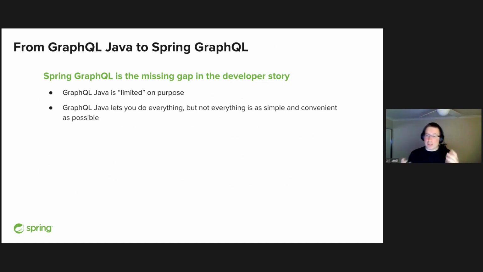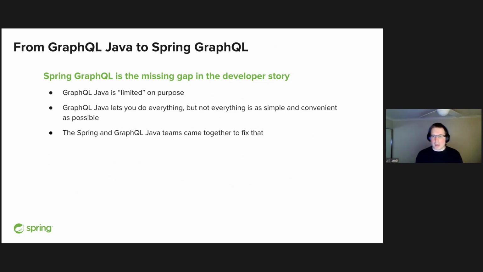So this means you can do everything you need with GraphQL Java, but not everything is as simple and convenient as possible. I will give you an example, an HTTP endpoint. Every real-life GraphQL service normally needs an HTTP endpoint, which takes the GraphQL request and actually feeds it into the engine. It's not overly complicated, but it's also not completely trivial.